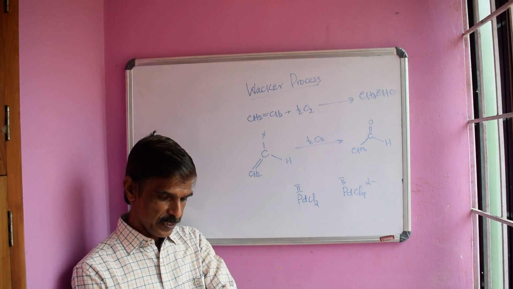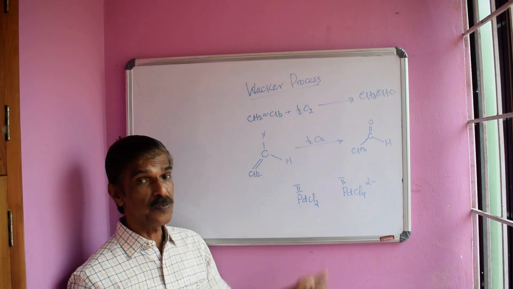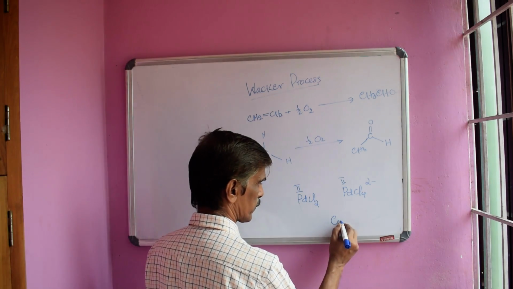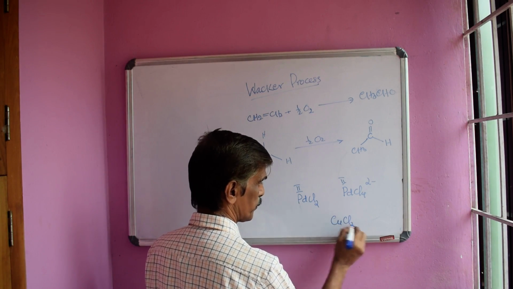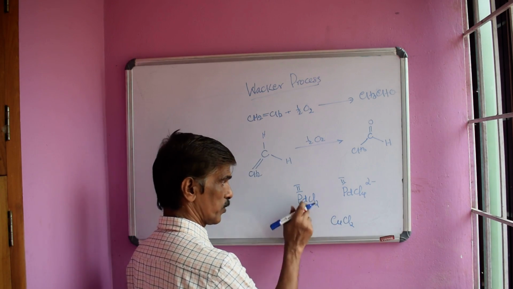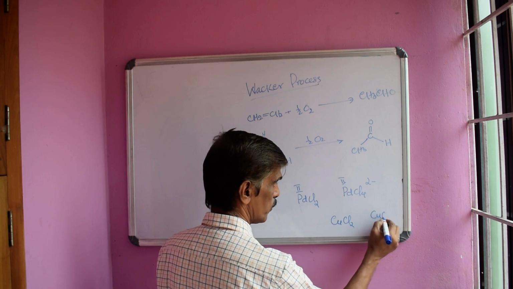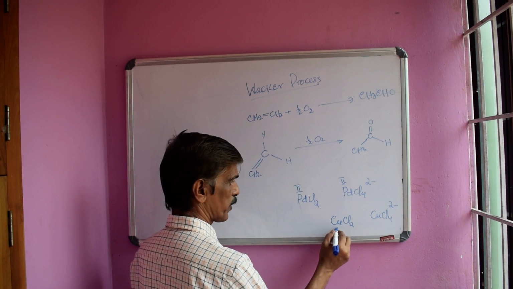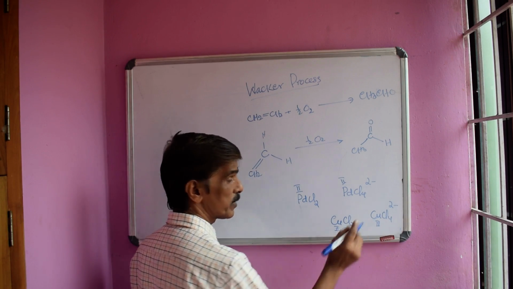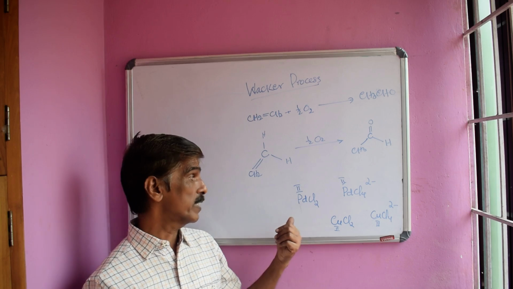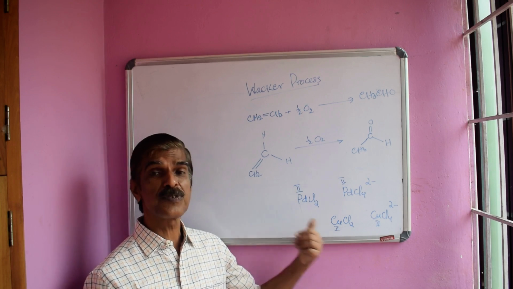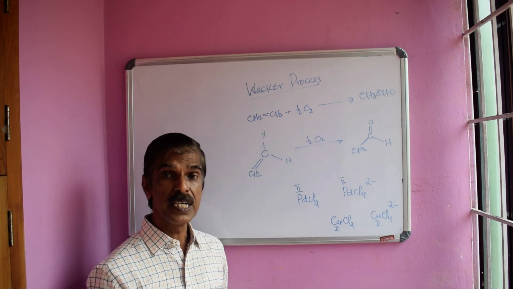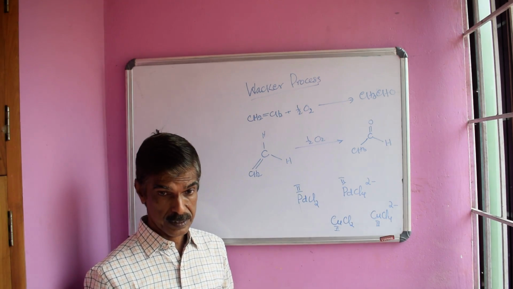The reaction is possible only in the presence of another substance along with the palladium, that is copper 2 chloride, CuCl2, or CuCl4 2 minus. Actually the catalyst is palladium 2 in the presence of copper 2, or you can say PdCl4 2 minus in the presence of CuCl4 2 minus.